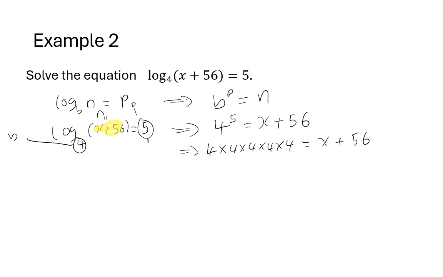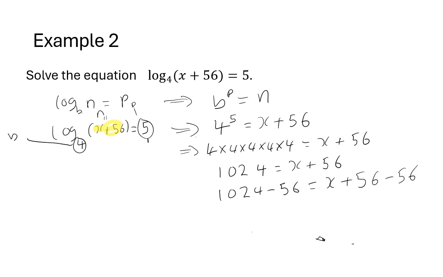And this is 4 times 4 times 4 times 4 times 4. This is 1024, and this is x plus 56. Now we want to find x. We have 56 here, so we should remove 56 from both sides. So we say minus 56 is equal to x plus 56 minus 56.